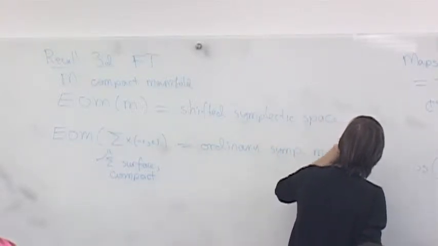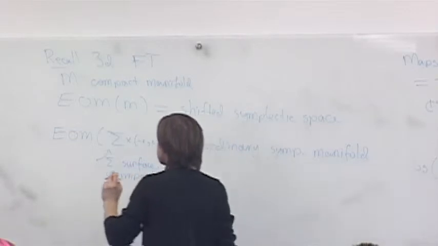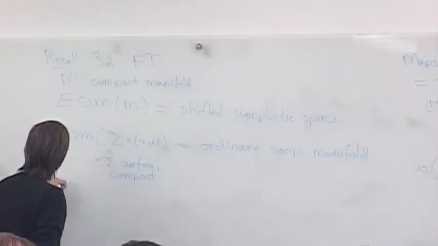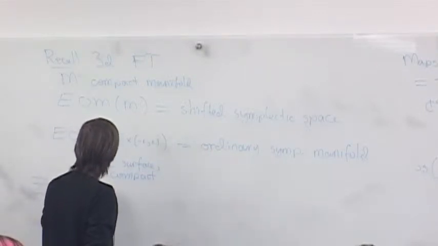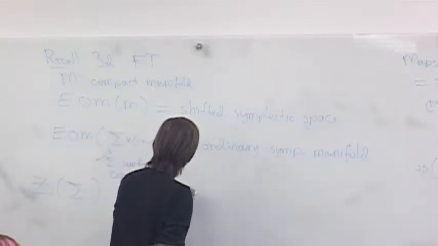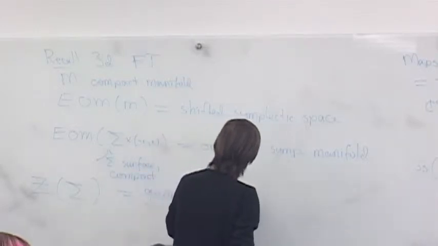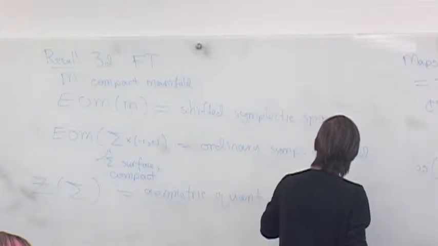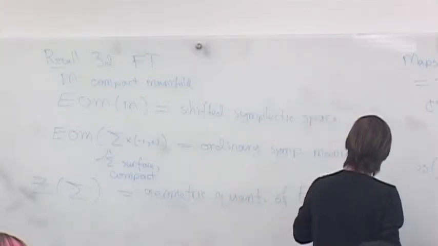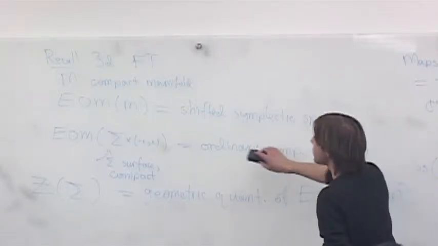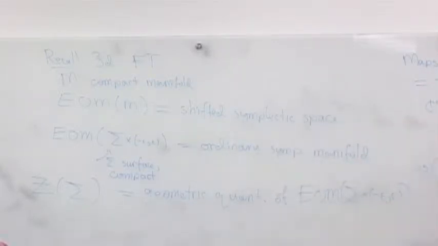The Hilbert space attached to sigma should be obtained by geometric quantization of a symplectic manifold. This symplectic manifold is called the phase space, by the way.